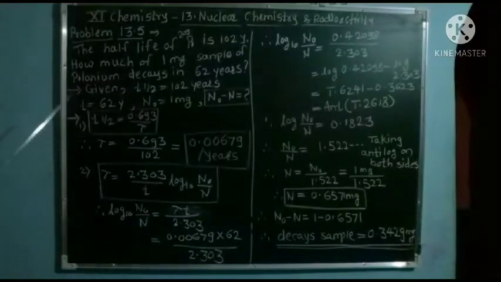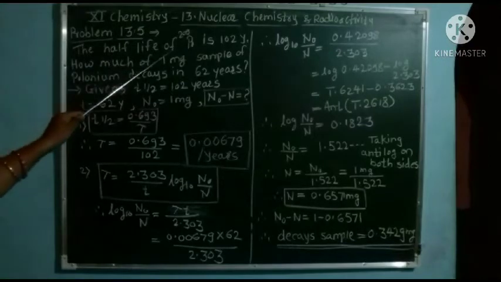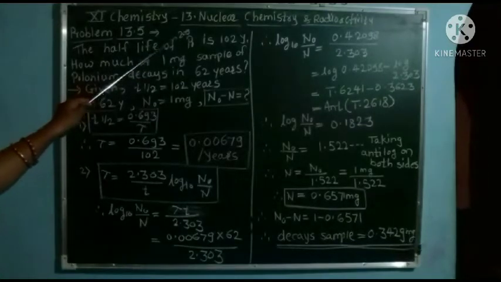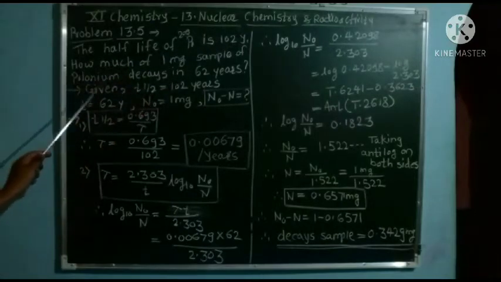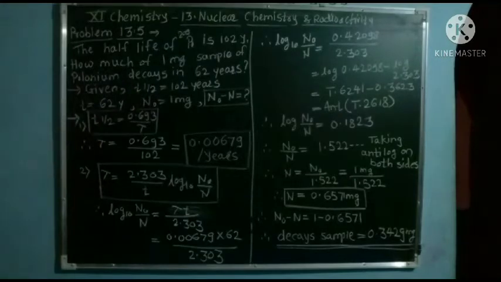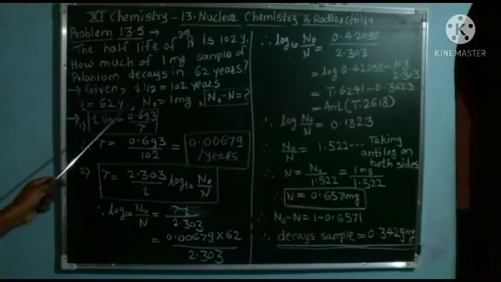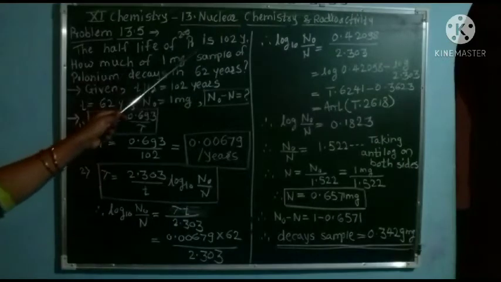Now we will solve the next problem, that is problem 13.5. The half-life of polonium-209 is 102 years. How much of a 1 milligram sample of polonium decays in 62 years? Means the half-life, that is T half, is given as 102 years.